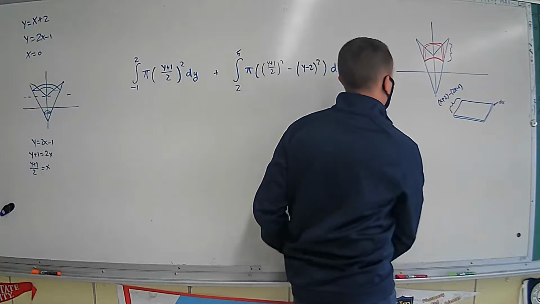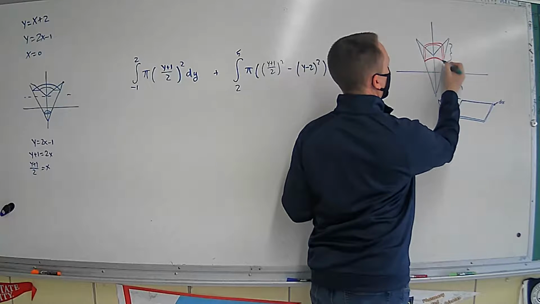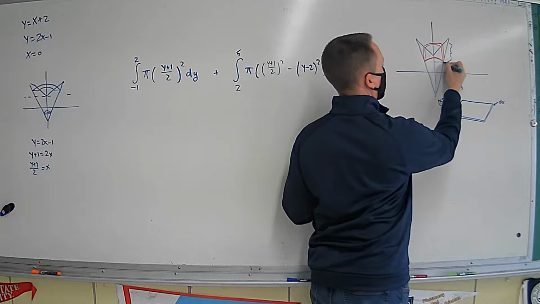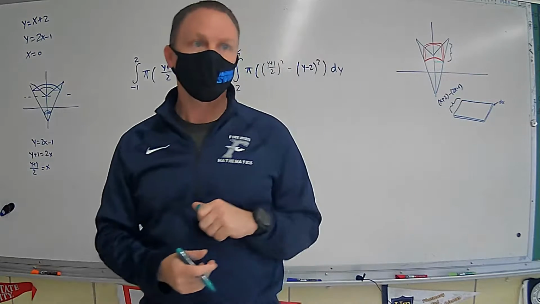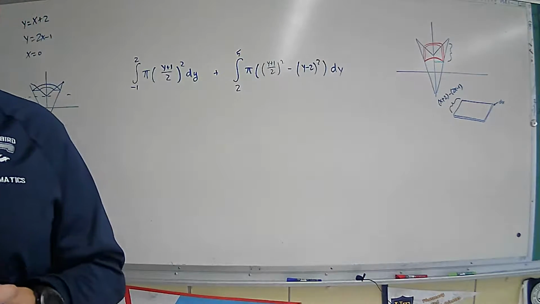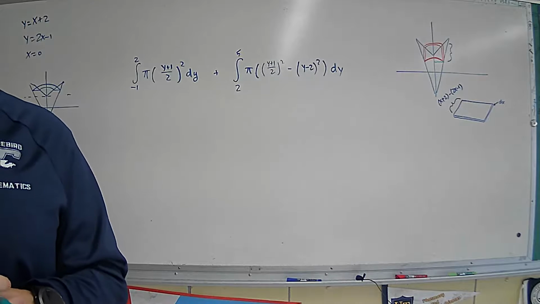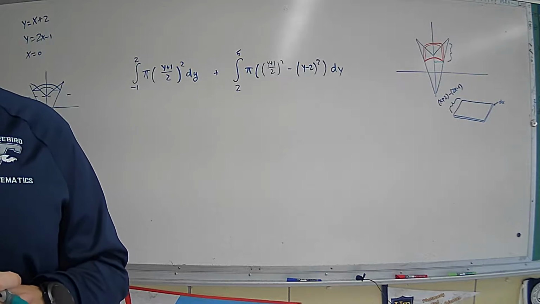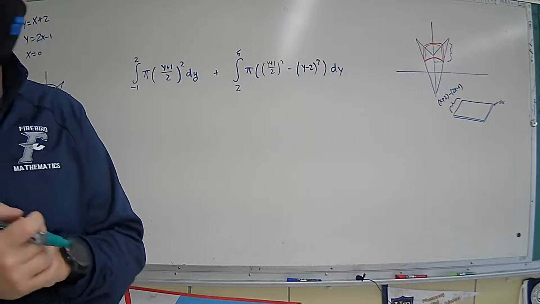The radius is just that distance from there to there, and that distance is just x. It's changing, right?